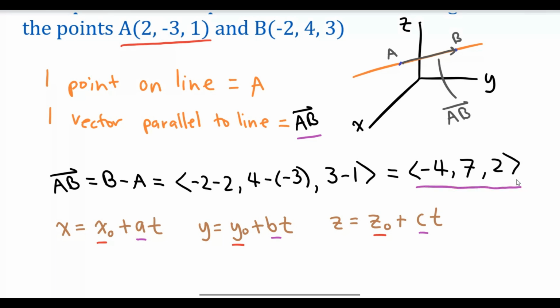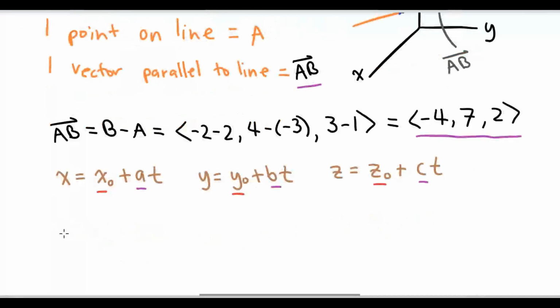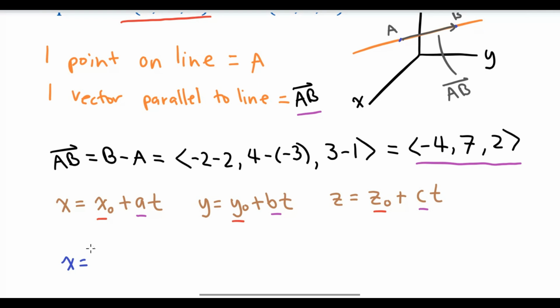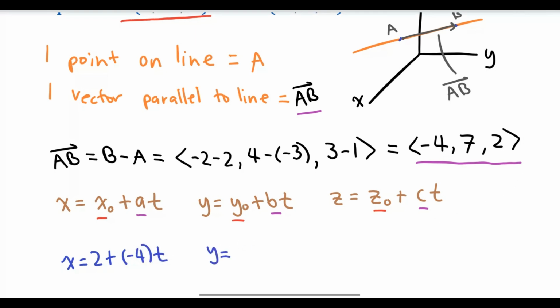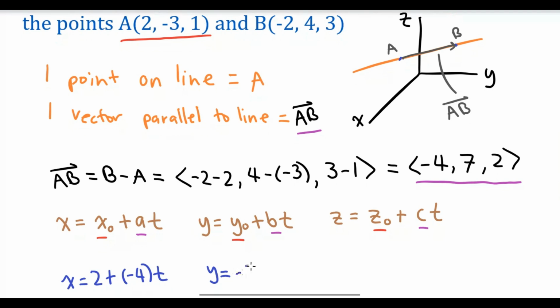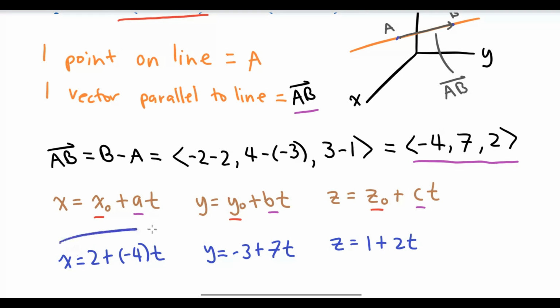So all we need to do is plug in the points and we have our equation. So x equals x0, which is 2, plus a, which is negative 4, times t. Y equals negative 3 plus 7t. Z equals 1 plus 2t. And this is our final equation.